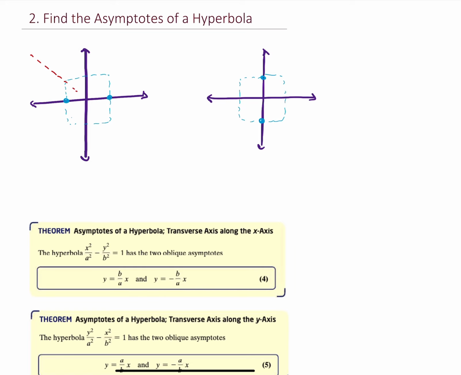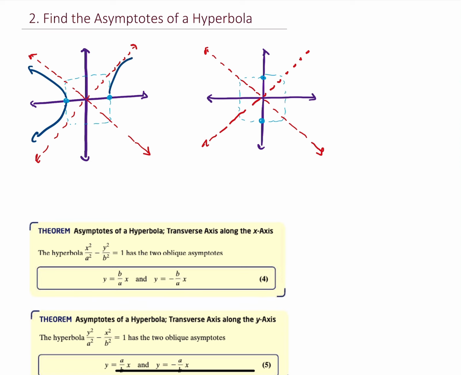So we'll have something like this. So the one on the left would open to the left and to the right, and the one on the right would open above and below.